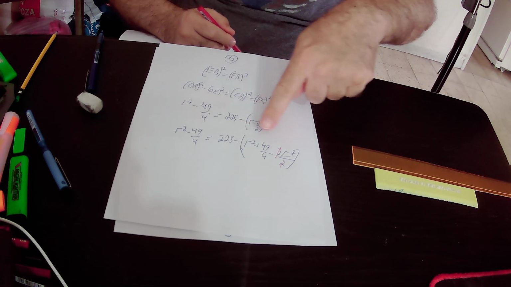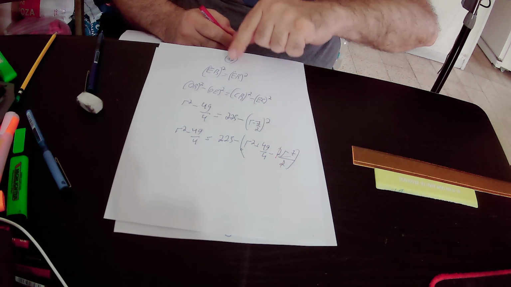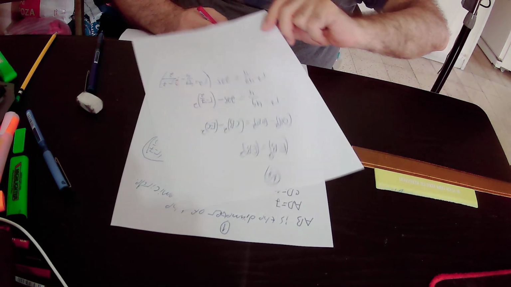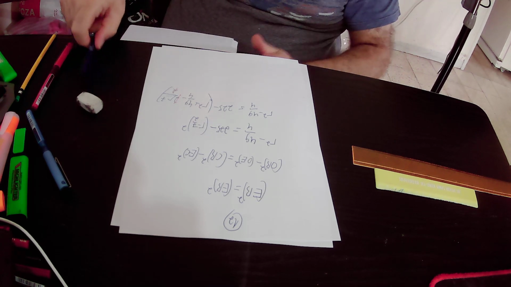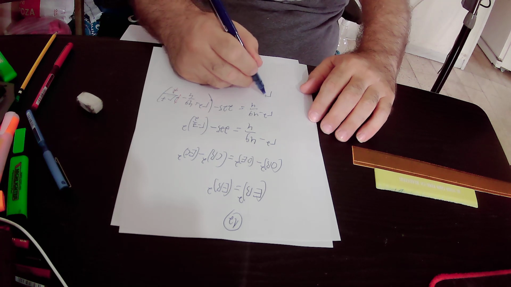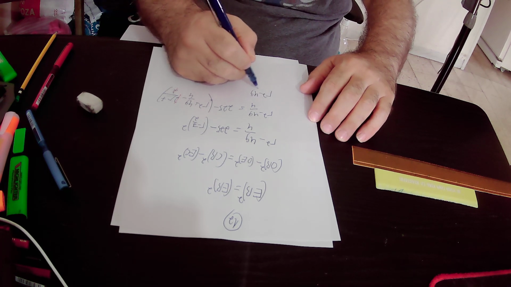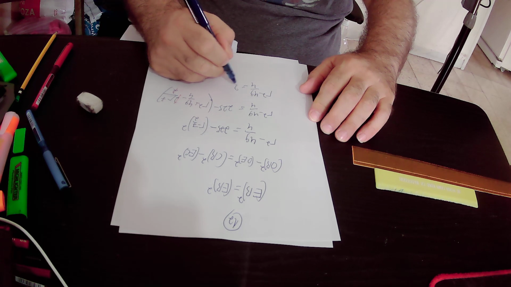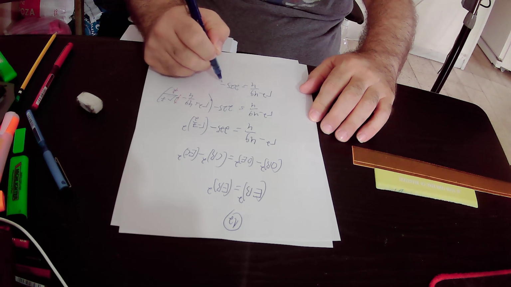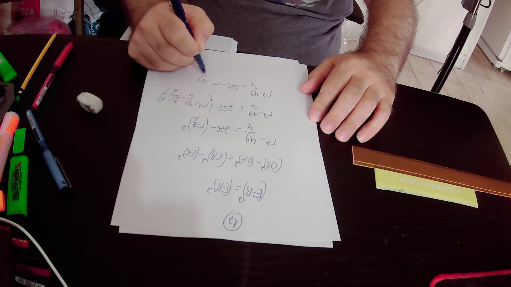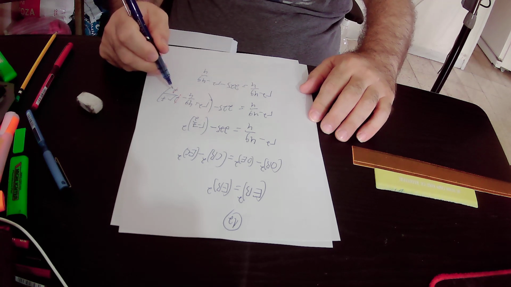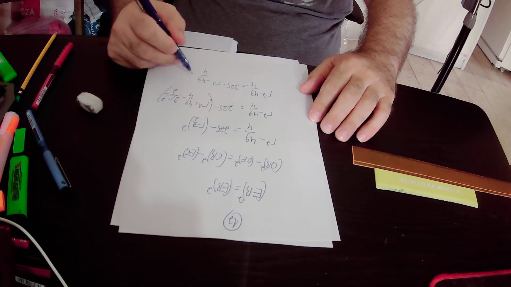So we will open the brackets on this side of the equality and we will get that R square minus 49 over 4 equals 225 minus R square minus 49 over 4. Here we have minus 7R, minus minus is plus, so 7R.